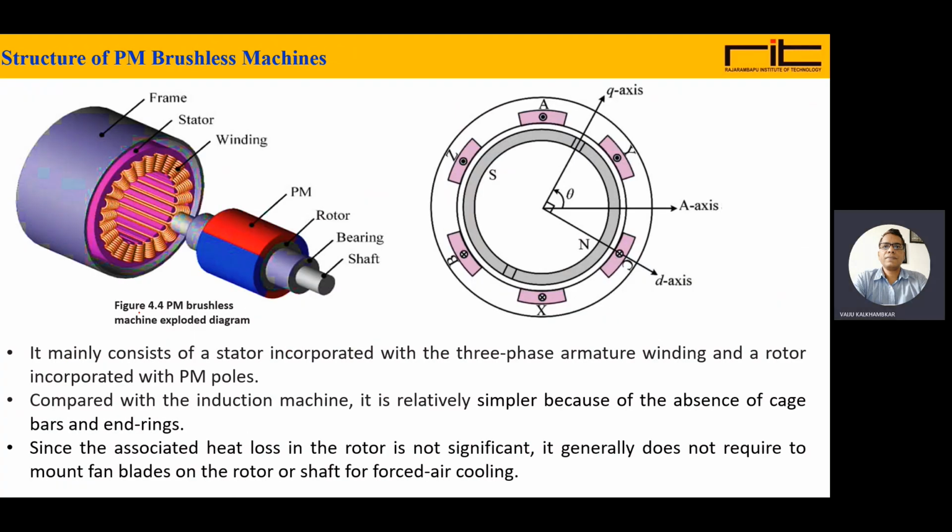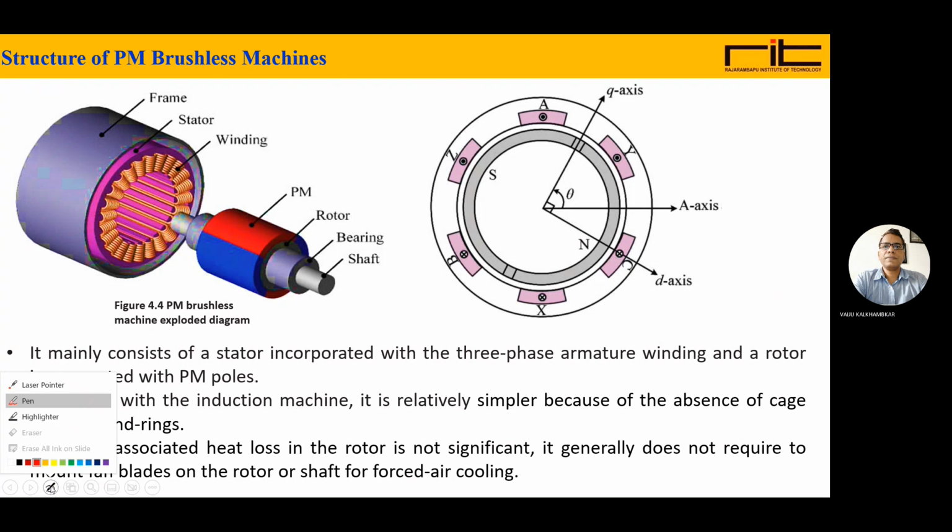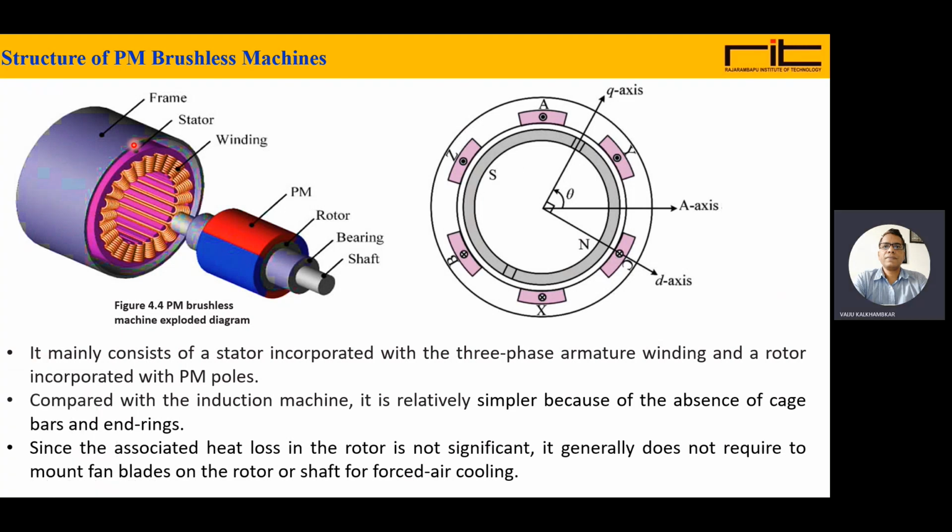The structure of permanent magnet brushless machines. The figure shows the structure of a permanent magnet brushless machine. It mainly consists of the stator. Here we can see the stator and this is the stator frame.